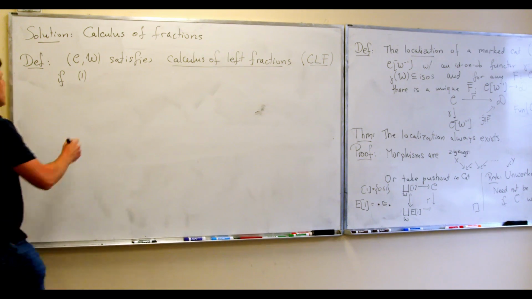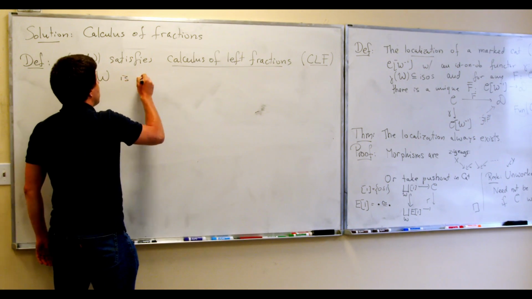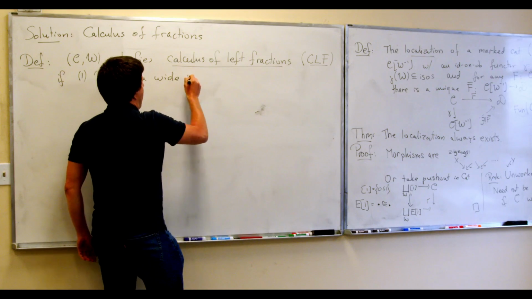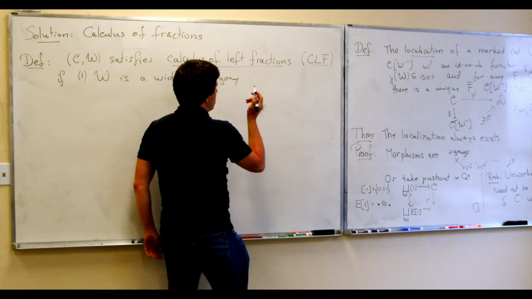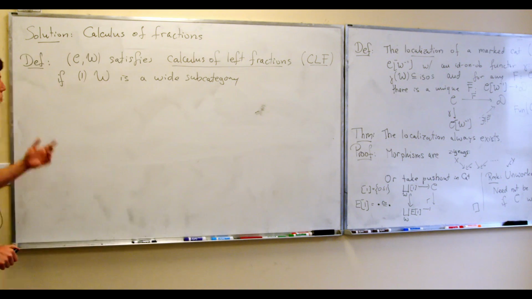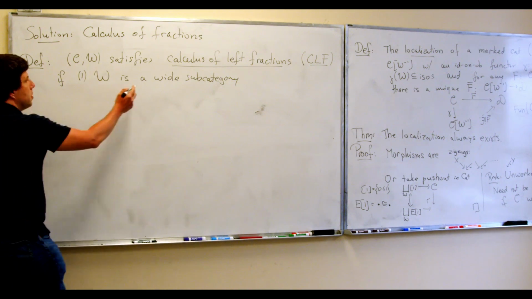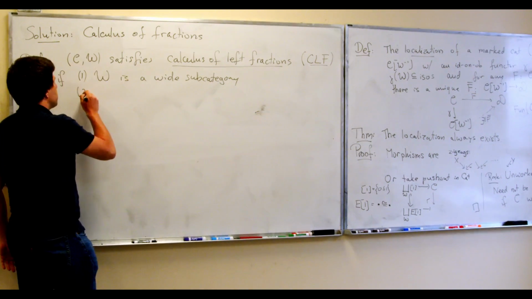So the first condition is that W is a wide subcategory. So all the identities are in W, and it is closed under composition.